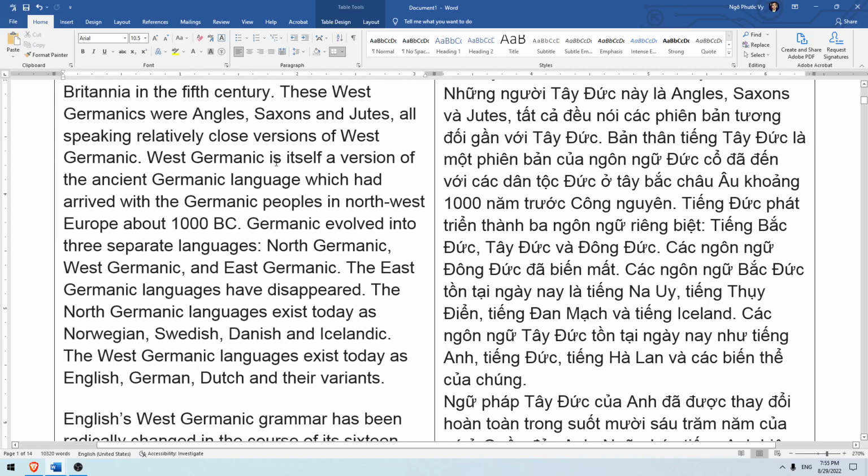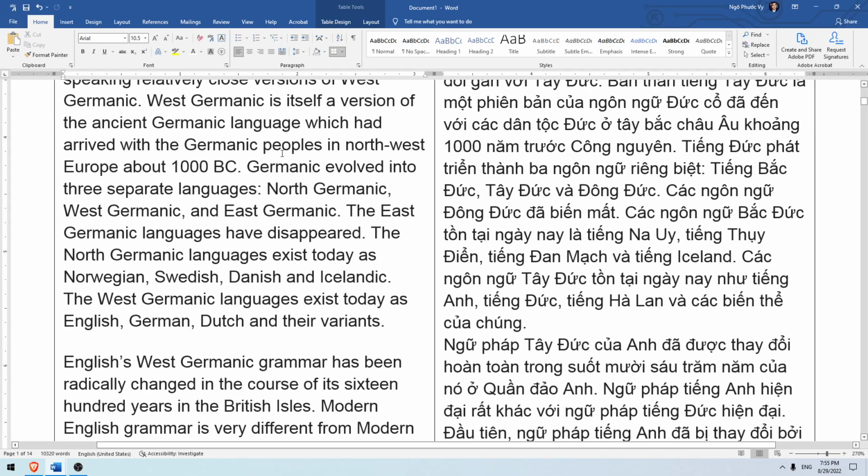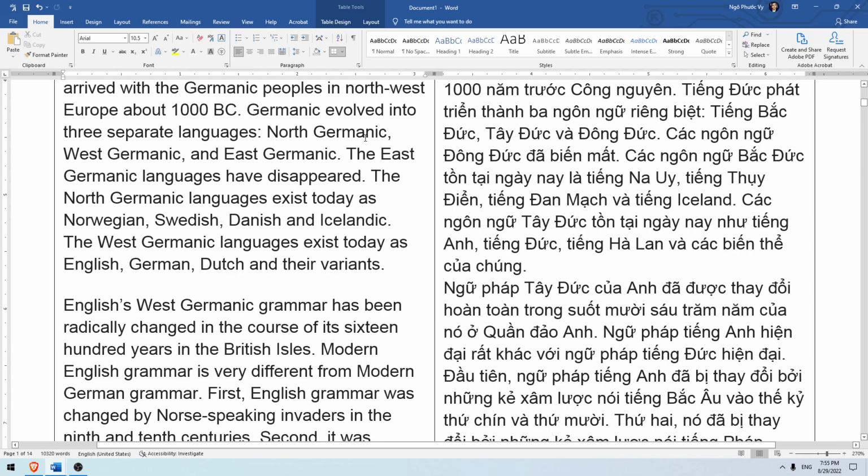West Germanic is itself a version of the ancient Germanic language, which had arrived with the Germanic peoples in northwest Europe about 1000 BC. Germanic evolved into three separate languages: North Germanic, West Germanic, and East Germanic. The East Germanic languages have disappeared.